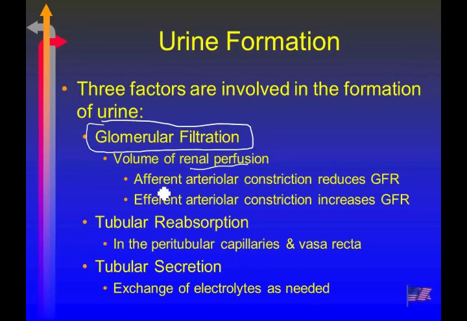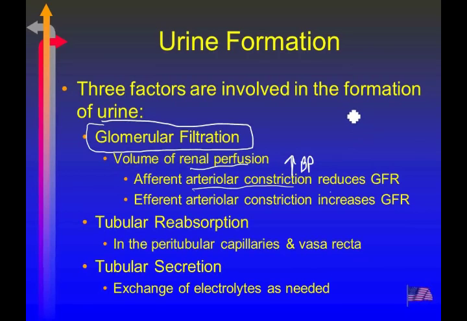As I mentioned, as I constrict those afferent arterioles, drive the pressure up, I'm not going to allow as much, I think I may have said this wrong, excuse me. As I drive the pressure up by constricting it, I reduce the glomerular filtration rate because I'm not allowing as much blood flow through that. I had it backwards earlier.